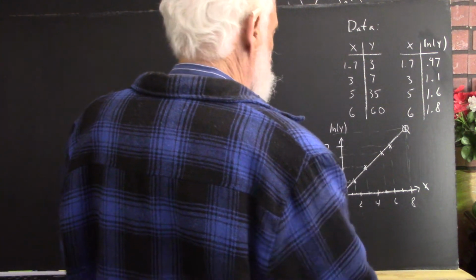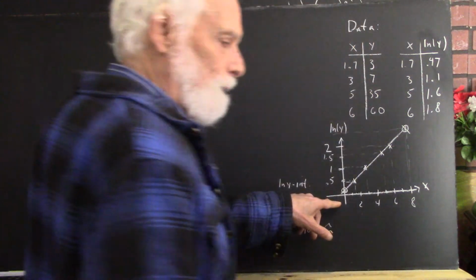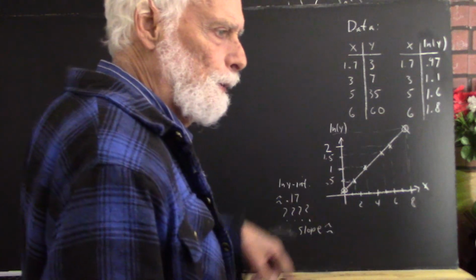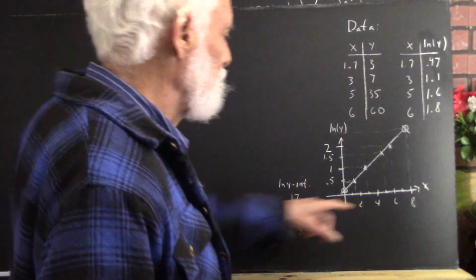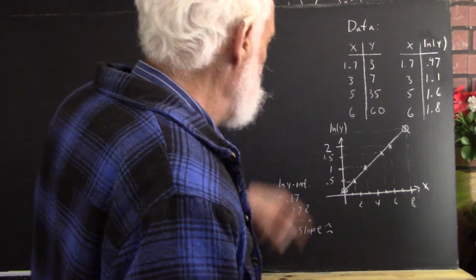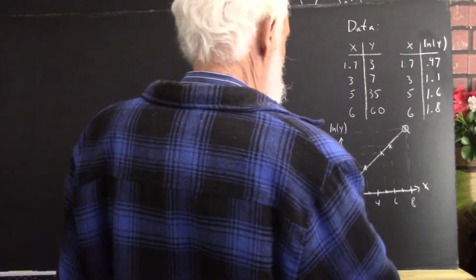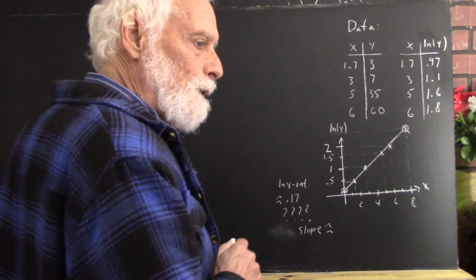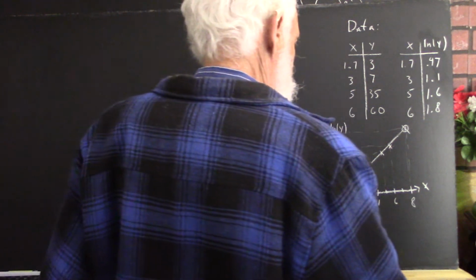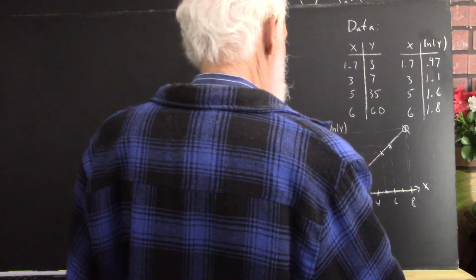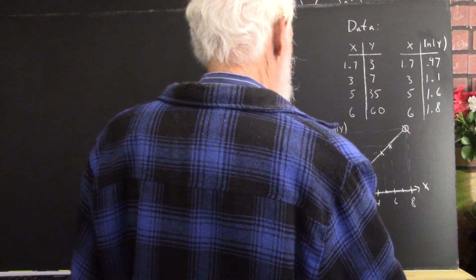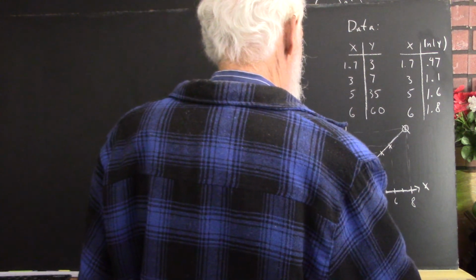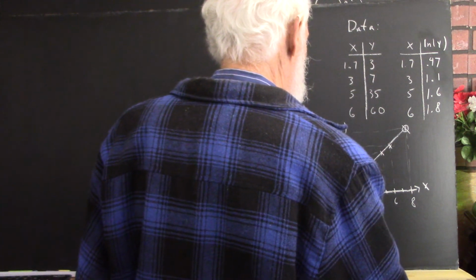So without writing out the details, I'm not going to say what the coordinates of these points are, but it's clearly, this is 8, 2.6. And this is 0.17. So my rise is this, and my run is 8.